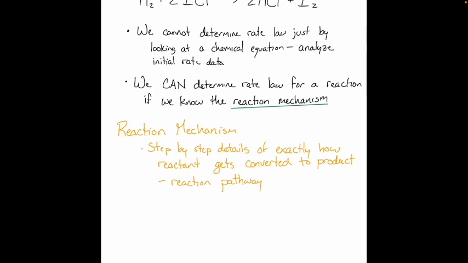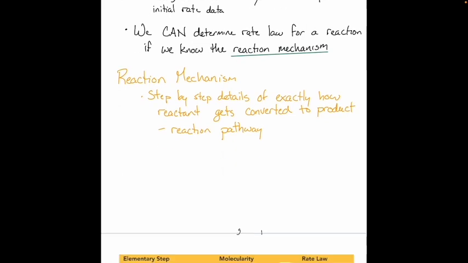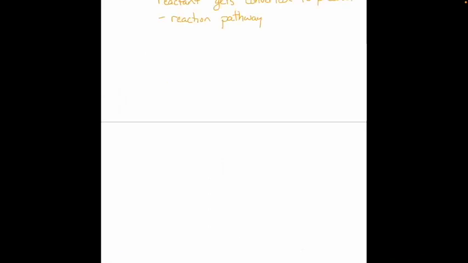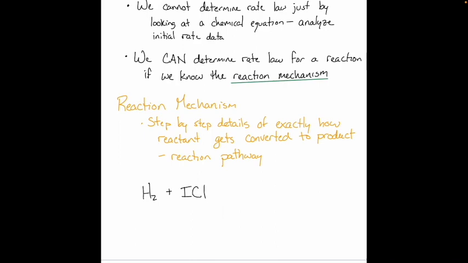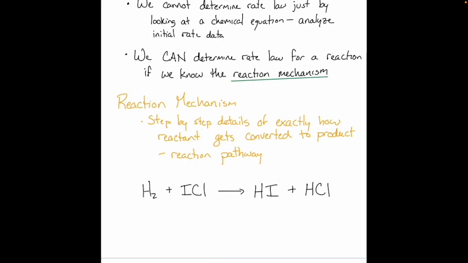All right, so for this particular reaction, it turns out, first, let me make some more room. First, you have hydrogen gas colliding with one of those iodine chloride molecules to produce hydrogen iodide and HCl. All right.